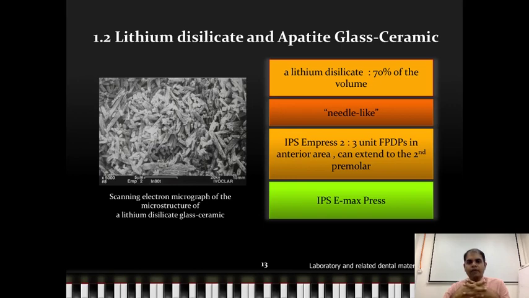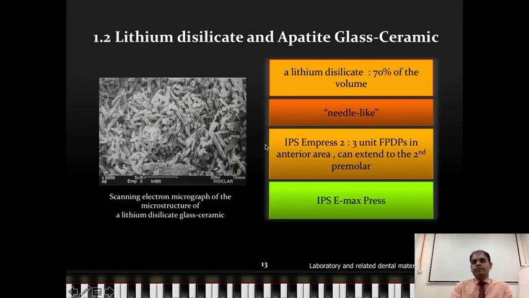So when there is compressive or flexural pressure, a crack line is created. But the crack is prevented by the interlocking phase of these small delicate structures. This is also called a needle-like structure. So it has more flexural strength compared to the previous one, the lucite one.